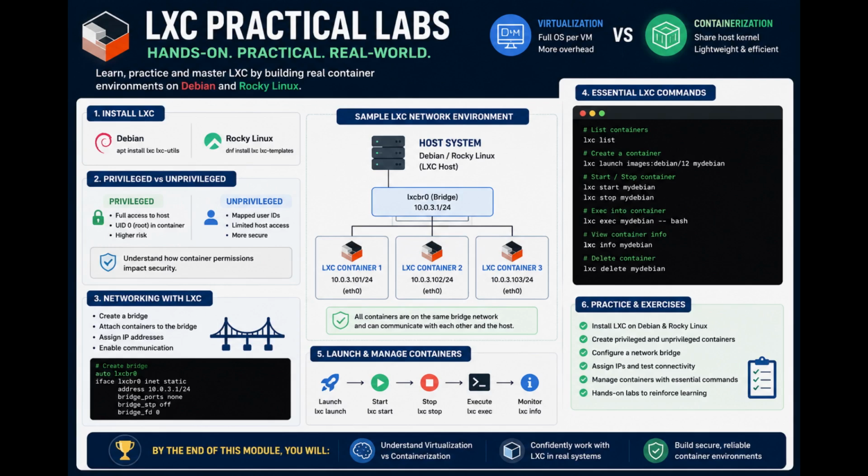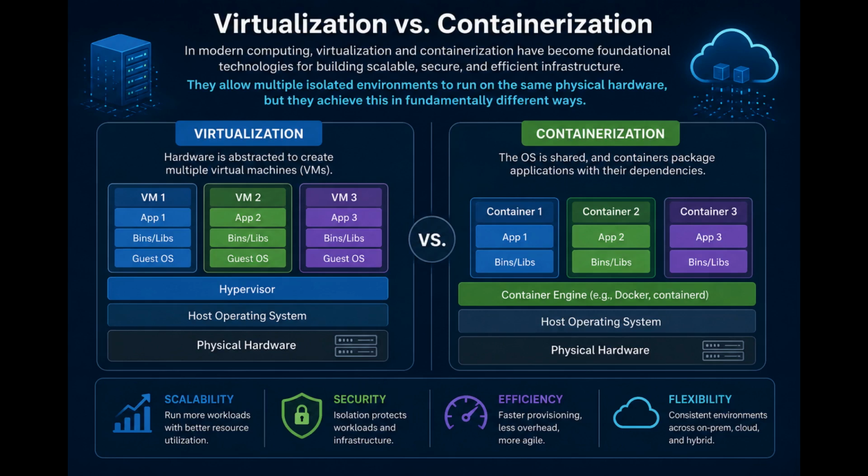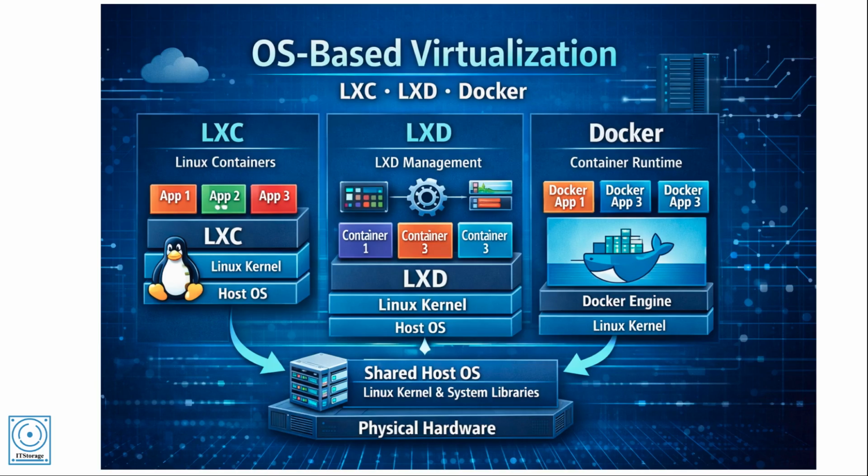To reinforce learning, we will also cover essential LXC commands and provide exercises that help solidify understanding through practice. By the end of this module, you will have a clear understanding of virtualization versus containerization and practical experience working with LXC in a real system environment.